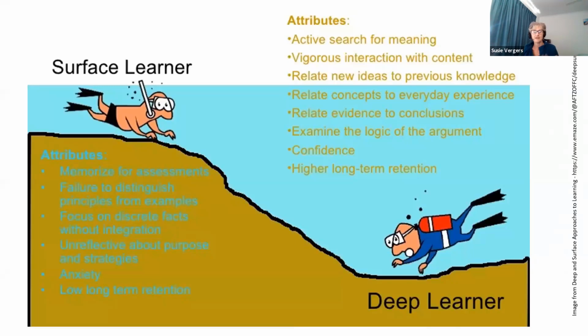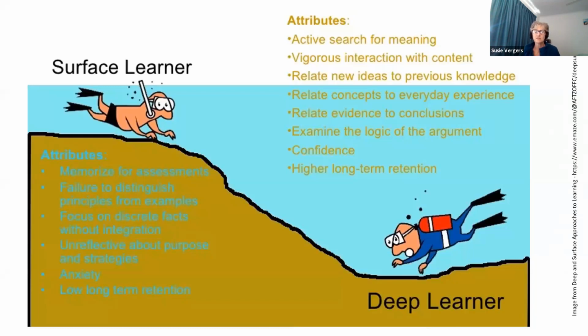When they're then required to take that deeper, extend or relate or transfer that knowledge, then it becomes meaningful to them. When students take a deep approach, they develop understanding, create meaning, make ideas of their own, which results in higher long-term retention of the new knowledge or the skill.